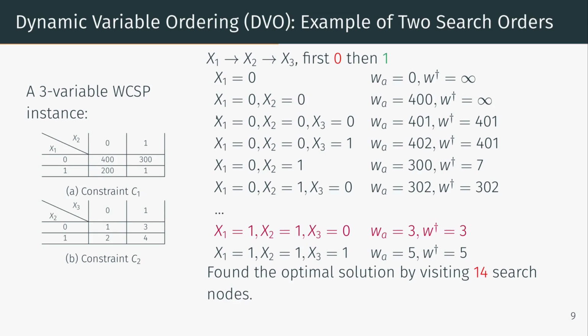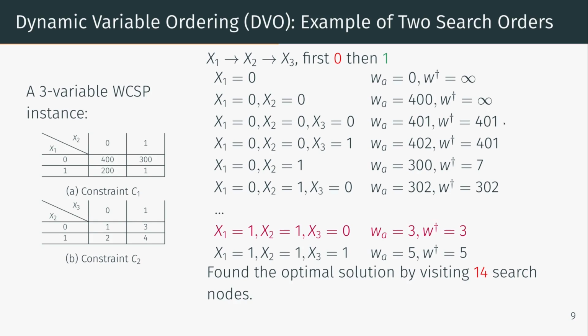Then we do the next search step. We have x1 equals 0, x2 equals 0, and x3 equals 0. At this search node, we have all constraints involved. Now, we need to add these 2 numbers, 400 and 1 here. So we have WA equals 401. Because this is a leaf, a complete assignment, we need to update W dagger because 401 is smaller than infinity.